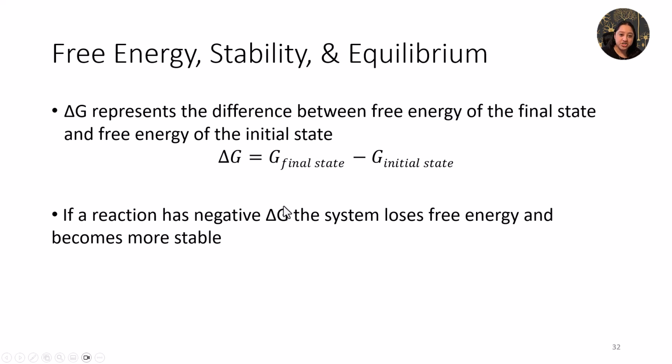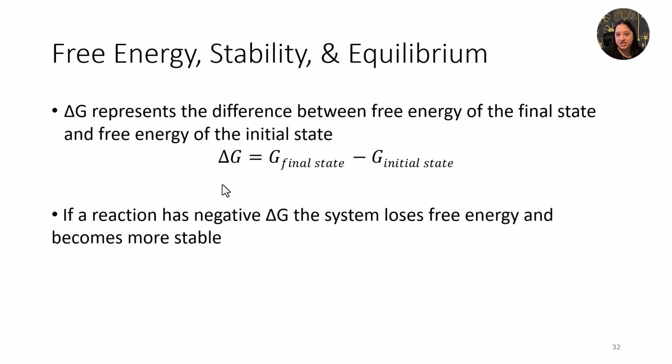So this equation tells you the change in free energy. If this is how much free energy is at the end, minus however much energy there was at the beginning, that's your change in free energy.